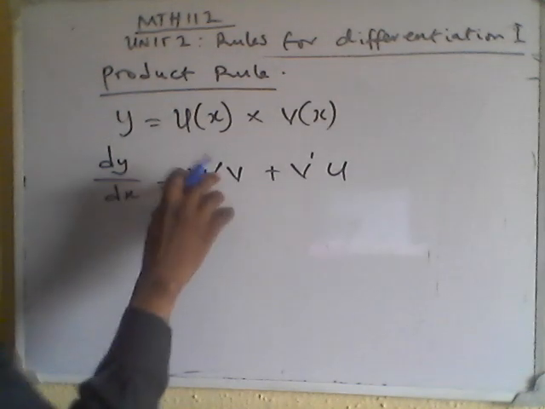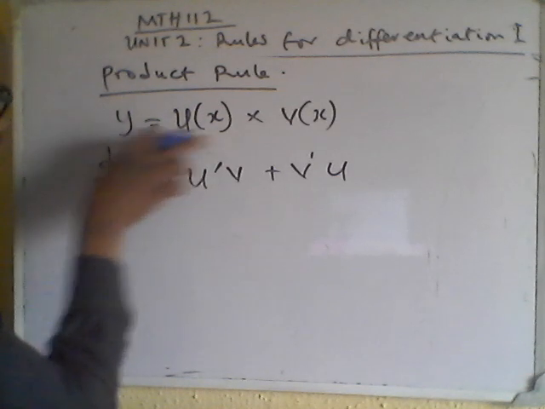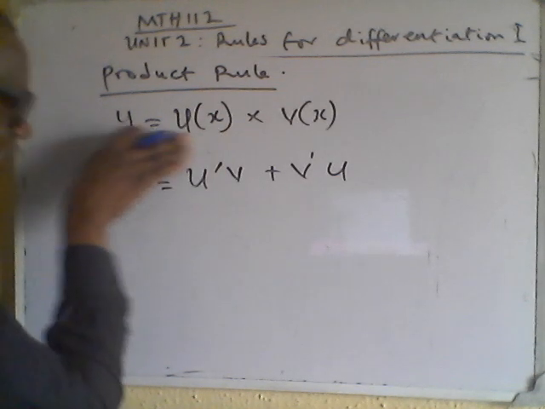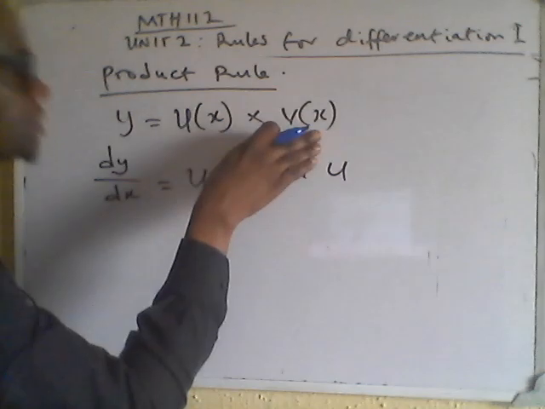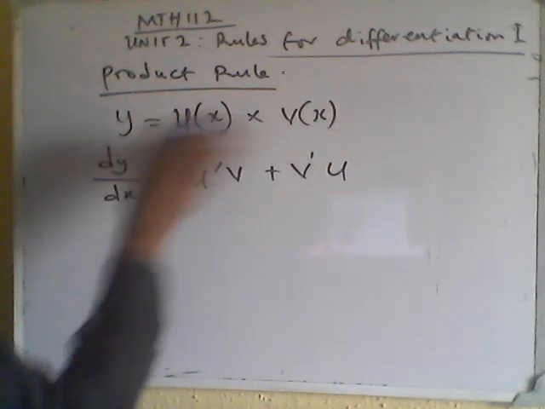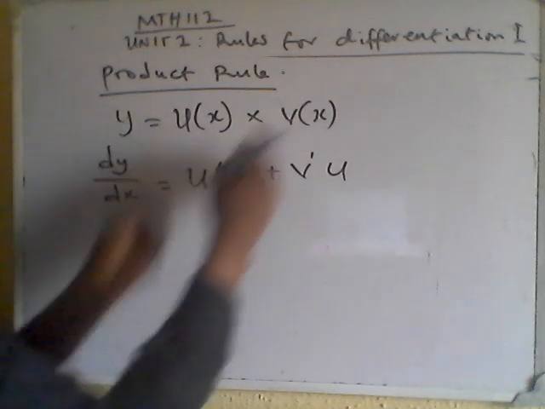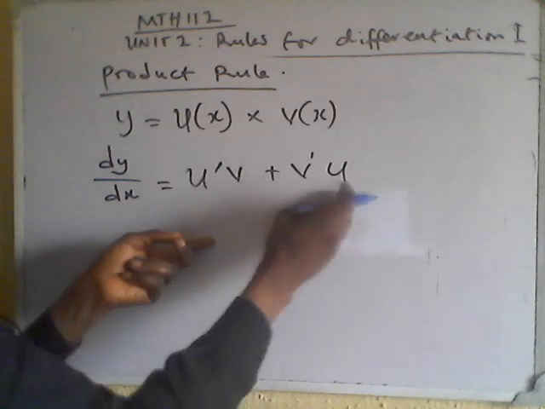So this prime here means that I have differentiated the u function. I'll differentiate this one, multiply by this, and differentiate this one, multiply by this. Anyhow you want to do it, addition is commutative. You can do it this way, this way. You understand? You can start like this and end like this, but you are adding together, right?